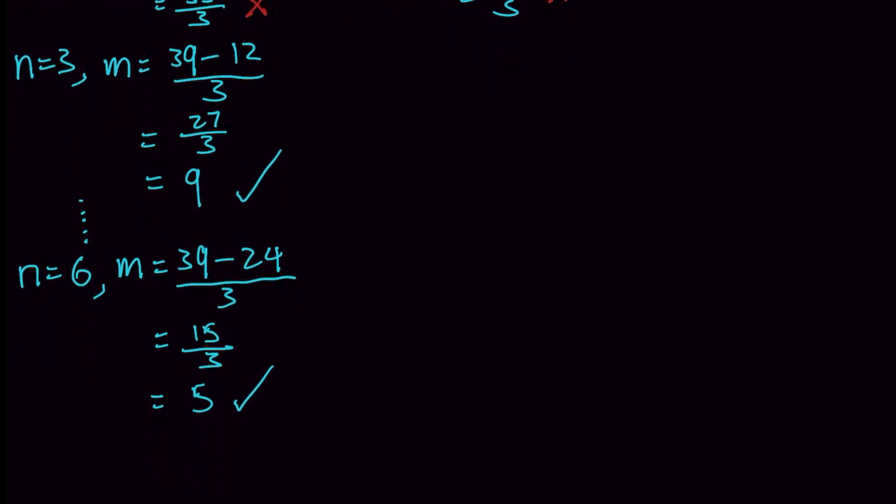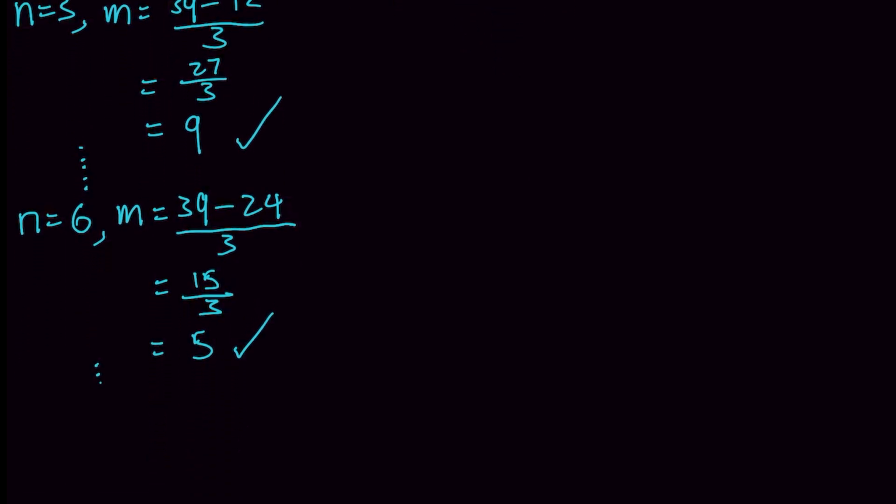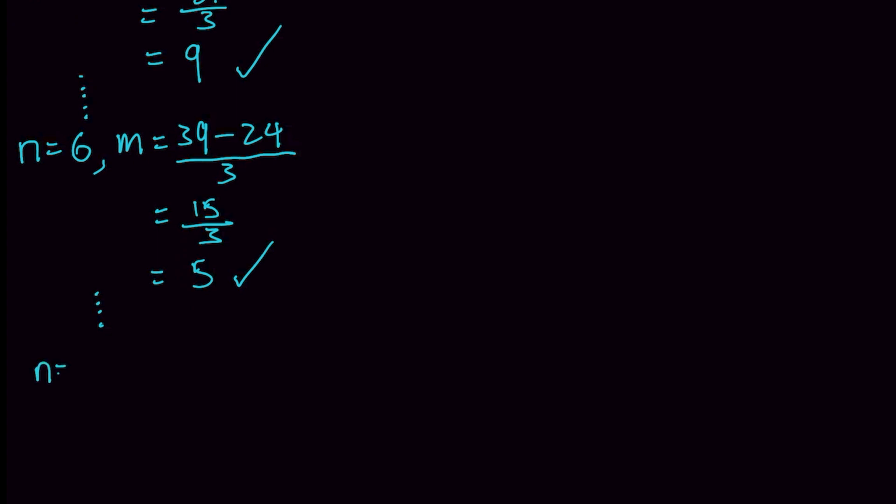Very good. And then let's move on again. So let's say you have tried all the solutions and you land up with the final one, which is n equals 9. So we have m equals 39 minus, what is 9 times 4? 36. So you will divide this by 3. So 39 minus 36 is just 3, and you divide by 3 again, you will get 1.